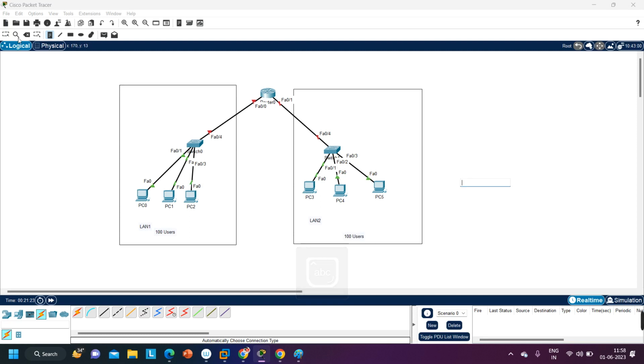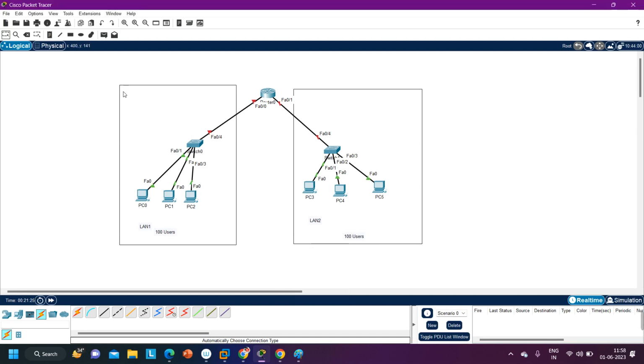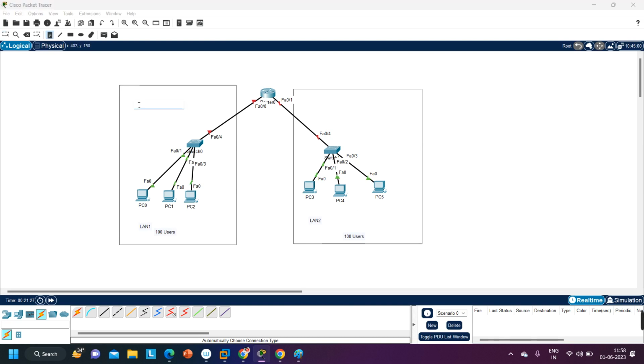Here I need one network ID. Let's say I am using 192.168.10.0/24. Here I am using 192.168.20.0/24. Both are different networks. Yes or no?